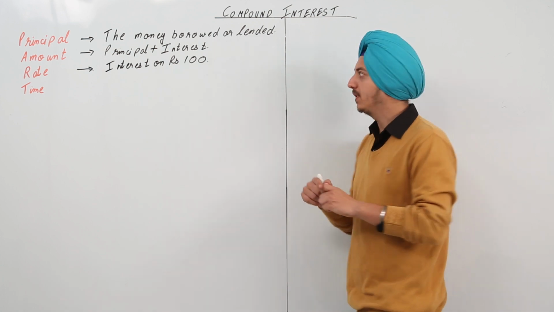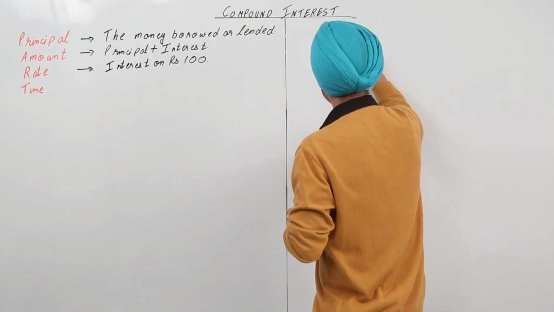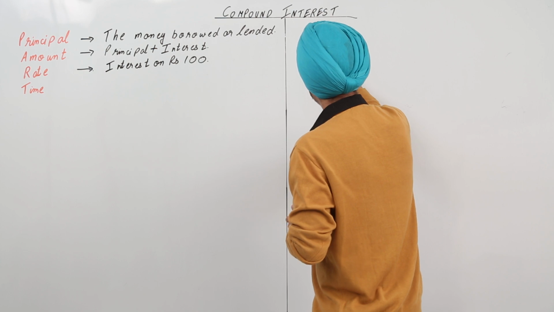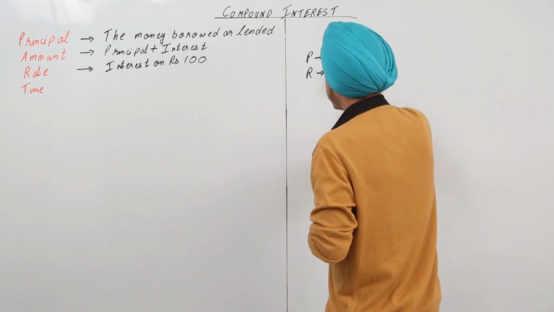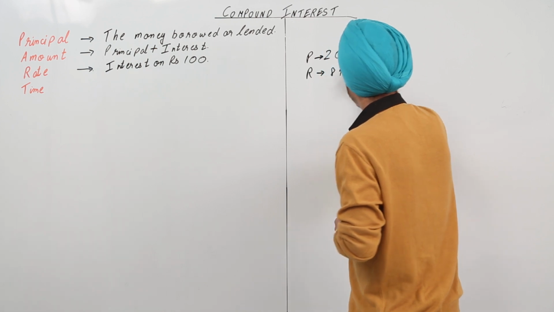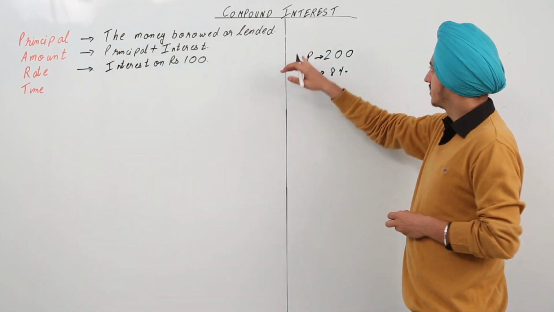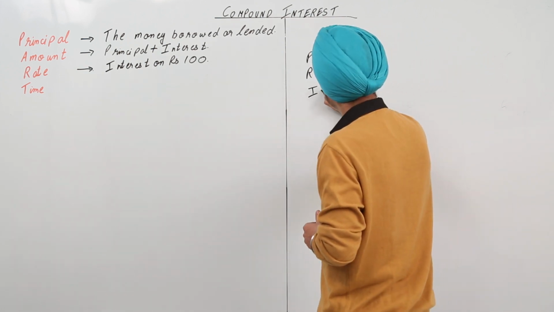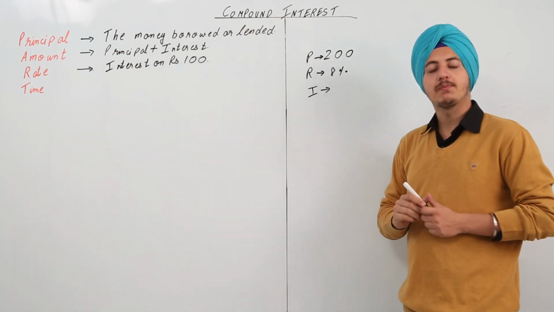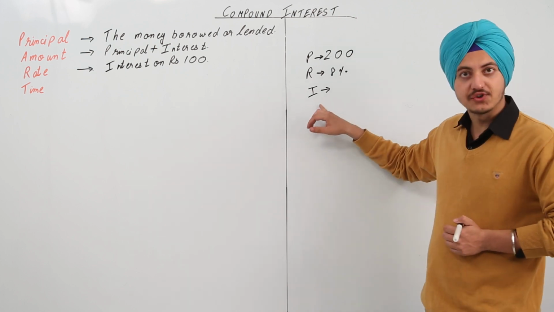Do you understand the example? I borrowed 200 rupees. So this is the principal. The rate is 8%. I borrowed the money for 1 year. So this is principal. This is rate. So what is the interest? Without applying any formula, tell me what is the interest.